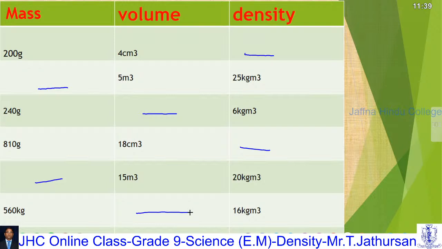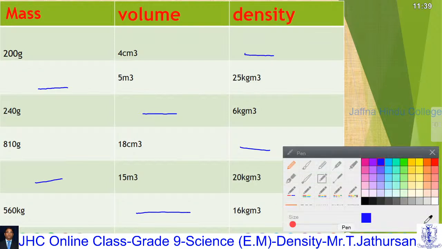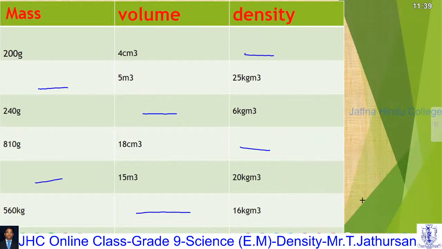Write down: 200 gram, 4 centimeter cube; 5 meter cube, 25 kilogram per meter cube; 6 kilogram meter minus 3. Fill in the blanks.